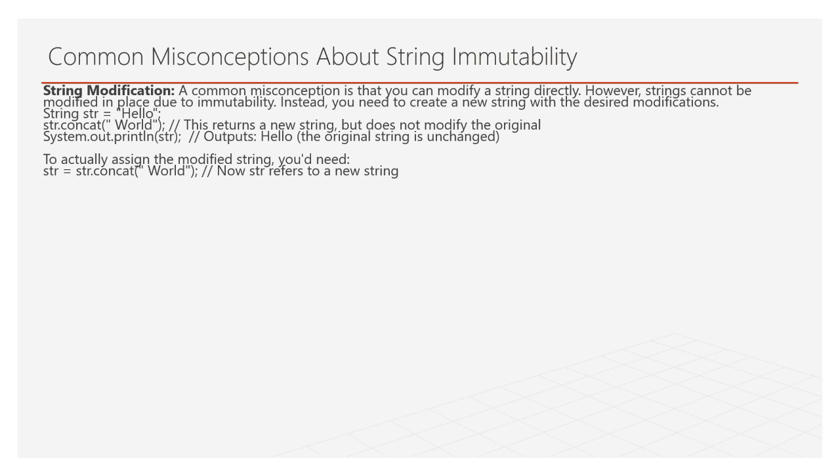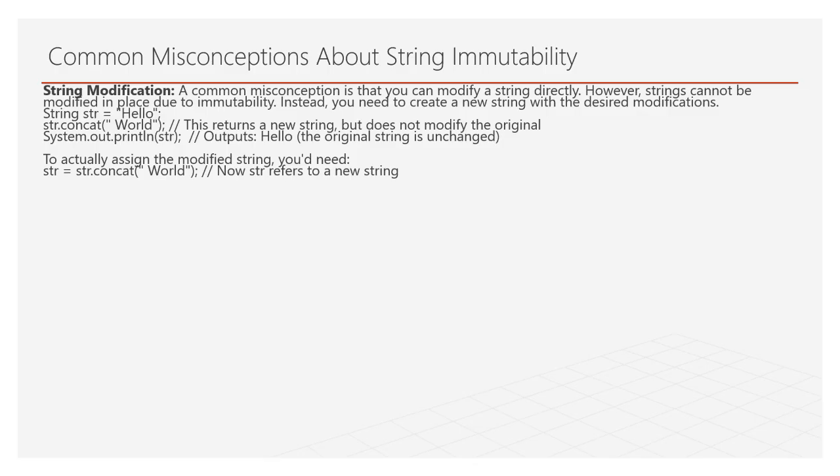Let's say the string str is equal to hello. Now you concatenate it with world. This returns a new string, but it is not going to modify the original object that is already referenced. The output of str is still going to be hello because you are not modifying the original string.